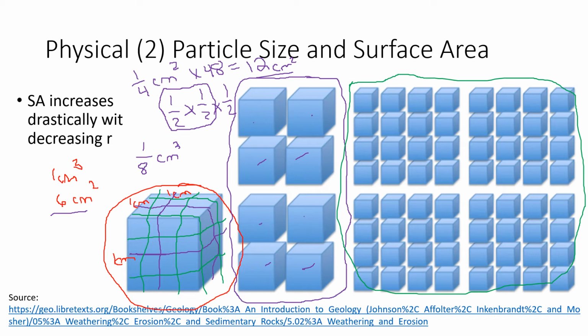So that is 3/8 square centimeters for each. And we have 64 times 3/8. Let's see, 32 over 16. Lots and lots of square centimeters of surface area.